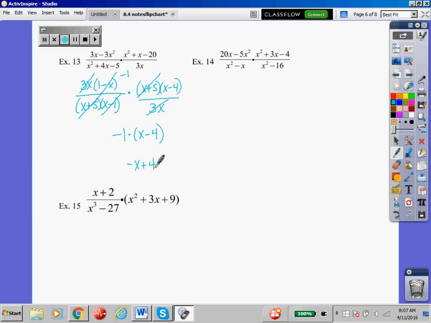Tonight's homework, you're going to do the front of the worksheet. Tomorrow, I'm going to finish the notes, finishing one more multiplication problem in example 15, and then we're going to learn about division. It's actually not too bad.